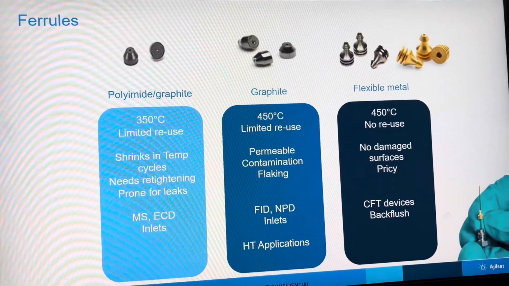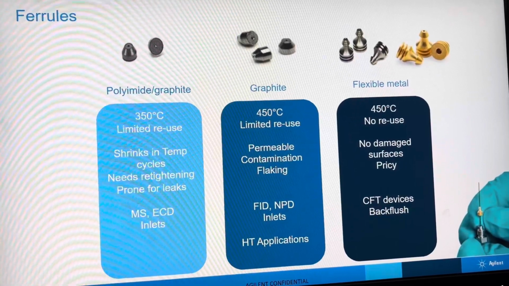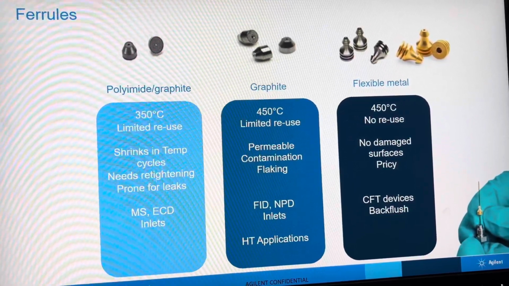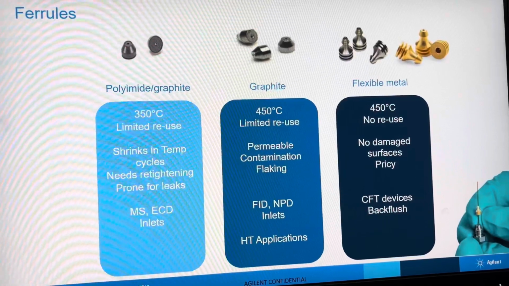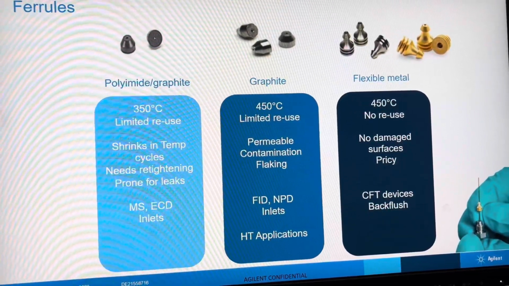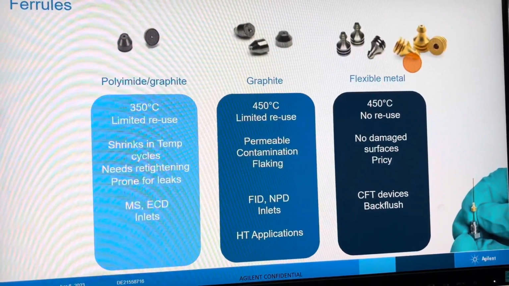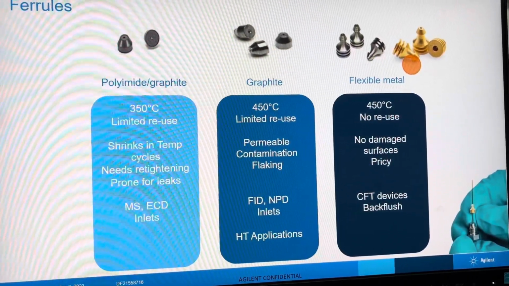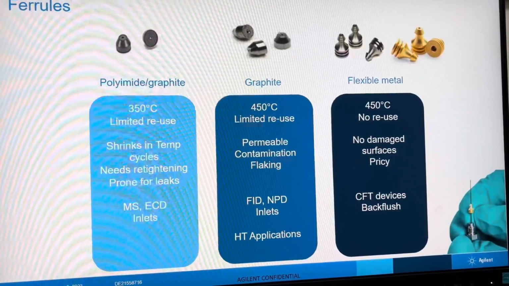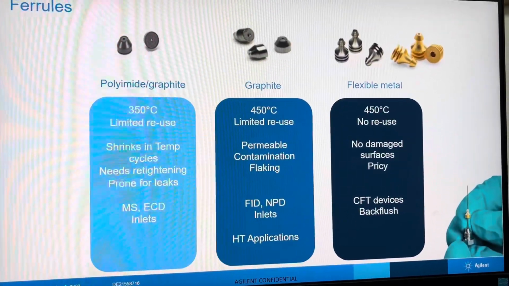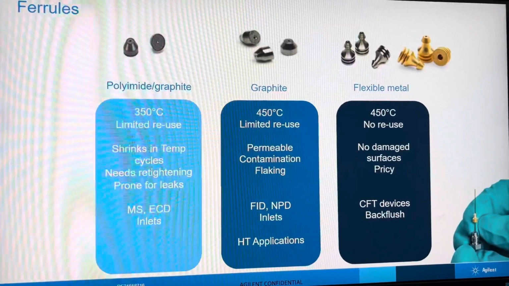In those cases, metal ferrules are very important because they are leak-free and inert also. That is where gold or multi-metal ferrules will be used. Of course, gold ferrules have the highest inertness, which helps us not to introduce any contamination, and eventually we will get a good peak shape.